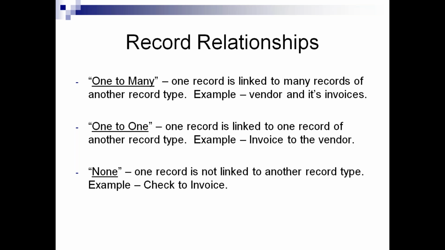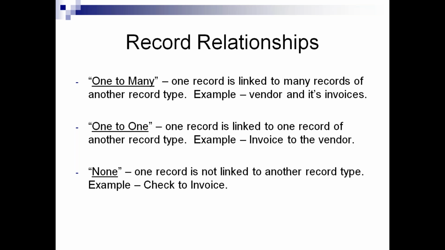One invoice can only be associated with one vendor. However, if you switch that to one-to-many and switch it around, one vendor can be associated to multiple invoices. So that's the one-to-many relationship, because in a normal situation, you're going to receive multiple invoices from the same vendor.